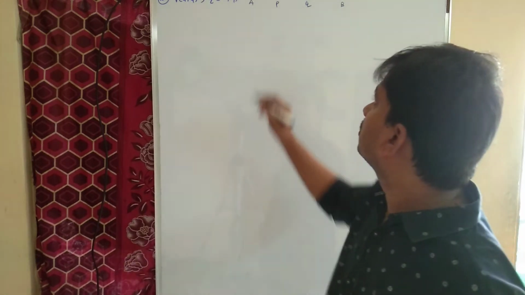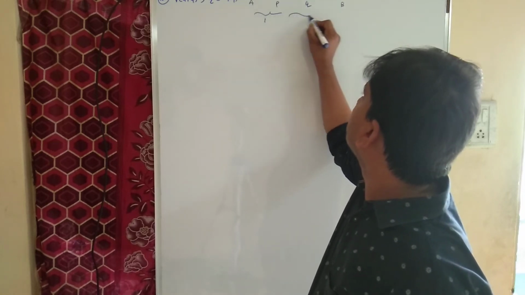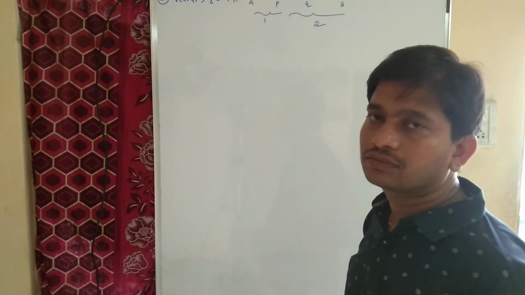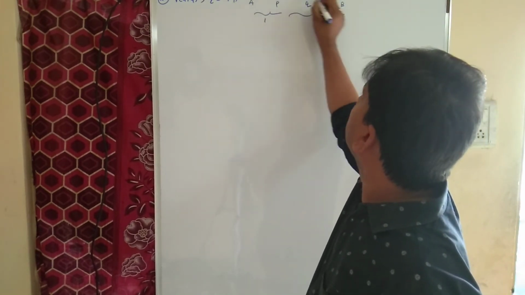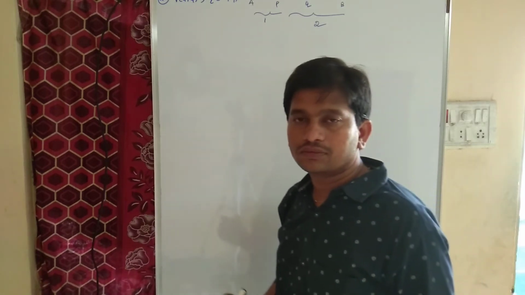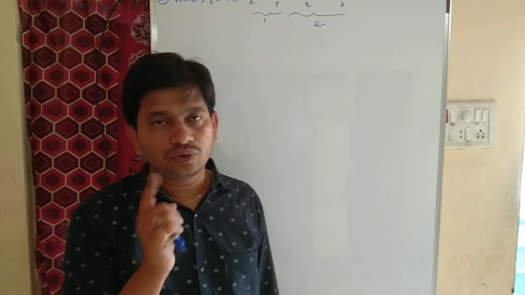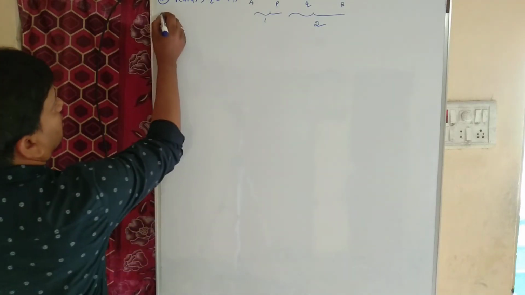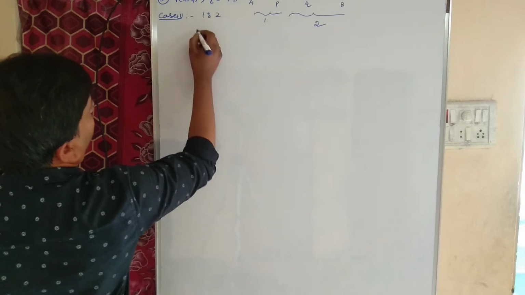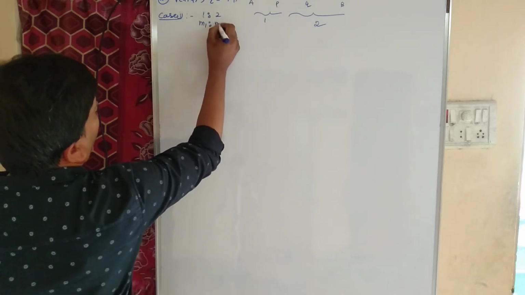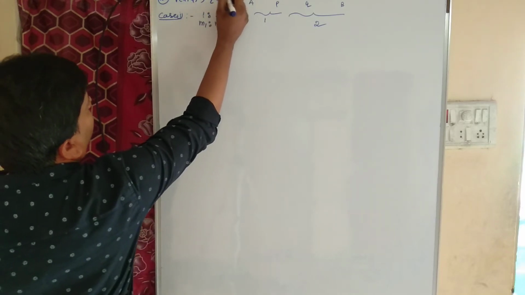P divides line segment AB in the ratio 1:2, and point Q divides line segment AB in the ratio 2:1. We have two cases. Case 1, the ratio is 1:2, generally called m1:m2, and the given line segment points are x1, y1, x2, y2.